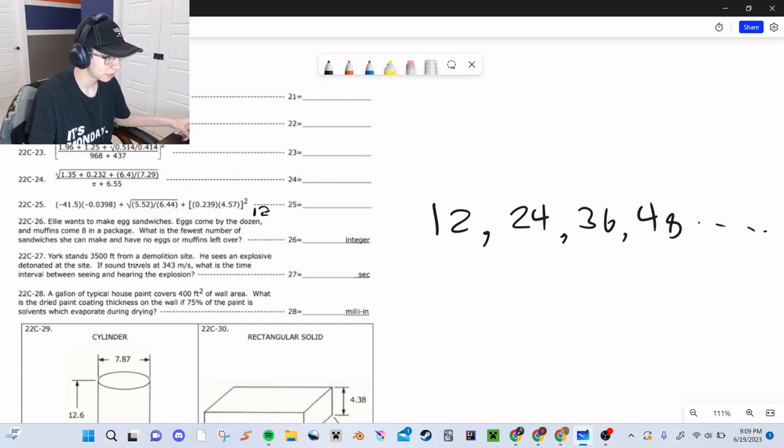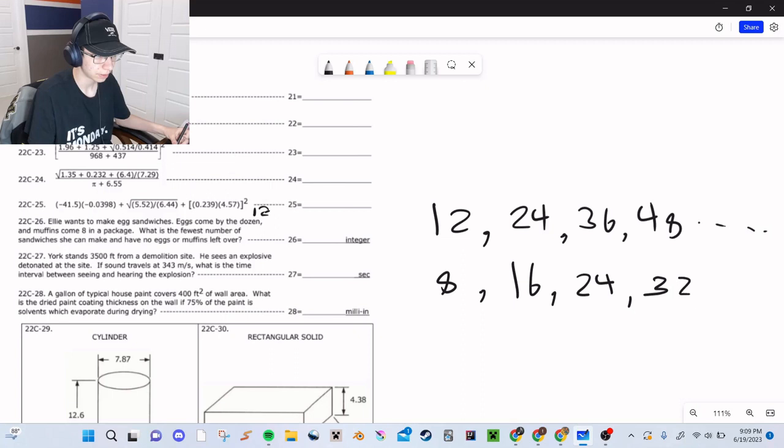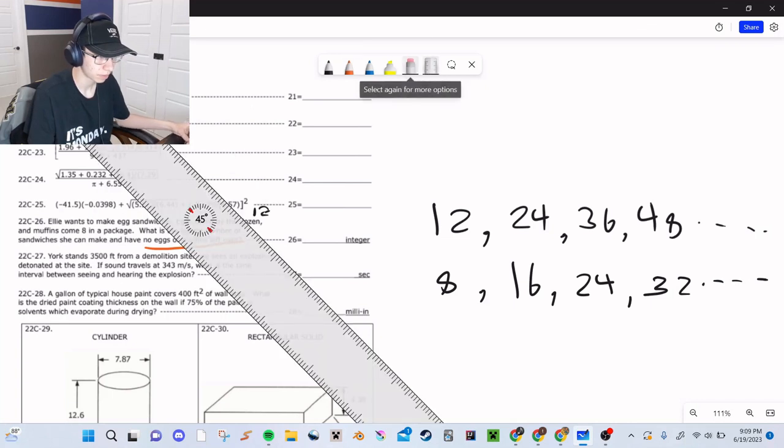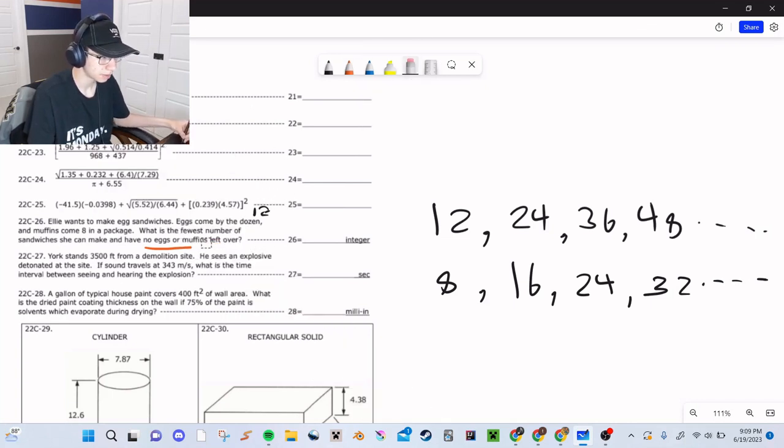And each package of muffins comes 8 in a package. So 8, and 16, and 24, and 32, and so on. And we want to know the fewest number of sandwiches she can make and have no eggs or muffins left over. So this answer is going to be the first multiple that they share in common. So 24 is our answer.